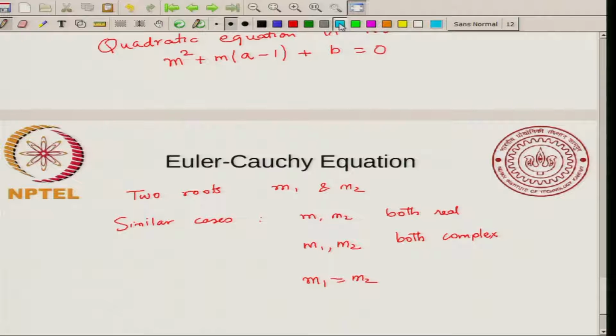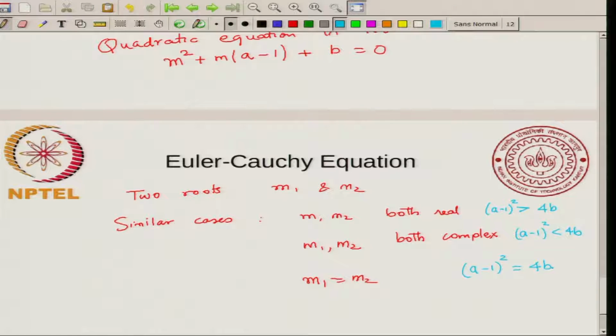You would get both real if a minus 1 whole squared is greater than 4b. They will be both complex if a minus 1 whole squared is less than 4b, and you will get two coincident roots if a minus 1 whole squared is equal to 4b.